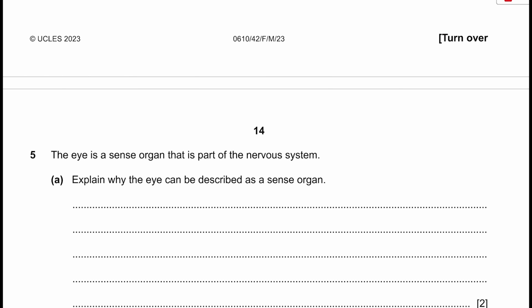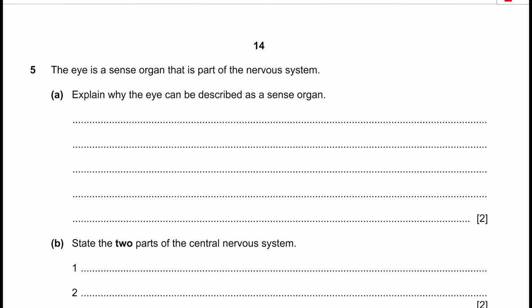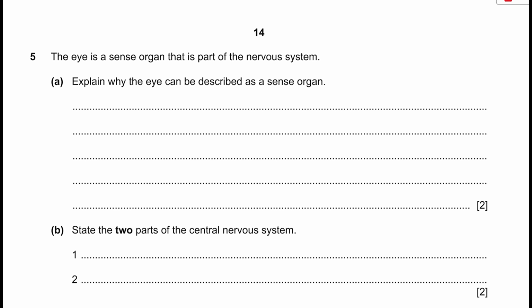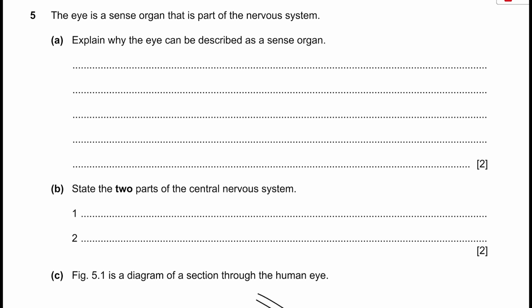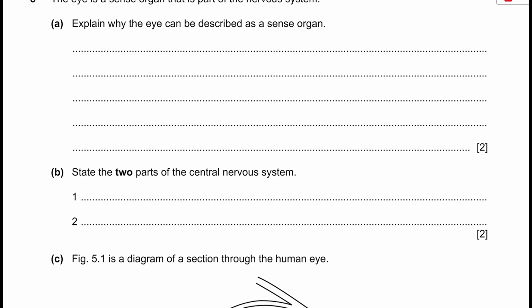Alright, we move to the next question. Number 5 says the eye is a sense organ that is part of the nervous system. Explain why the eye can be described as a sense organ. Now, an organ is a part that contains different cells and tissues that perform a certain specific function.